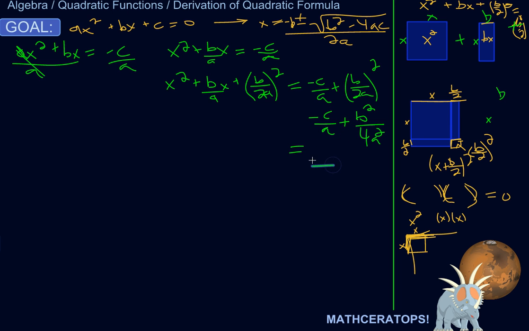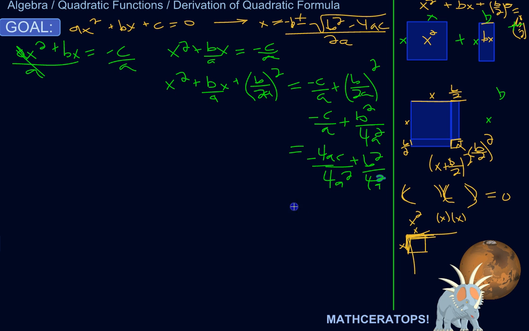So we're going to multiply the top and the bottom by 4a, so this will be negative 4ac over 4a squared plus b squared over 4a squared. Alright, starting to look vaguely familiar.